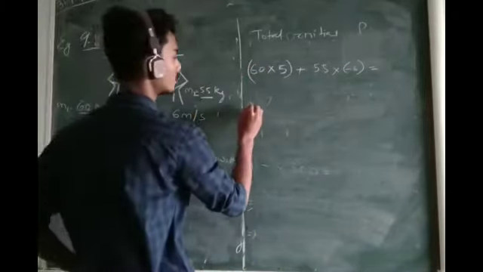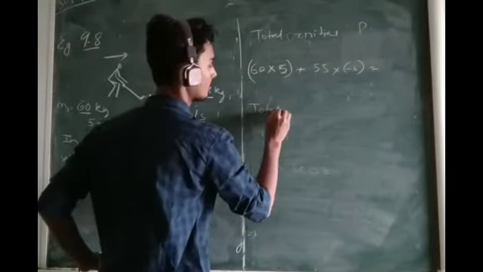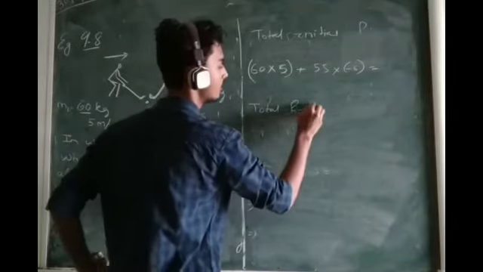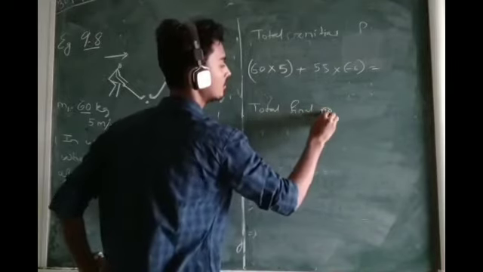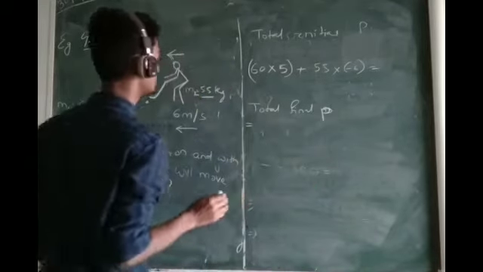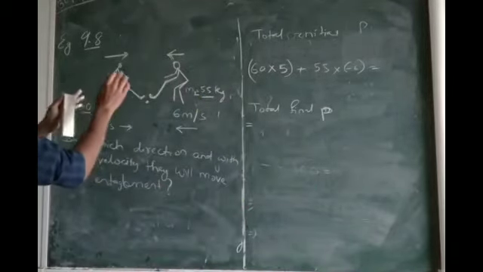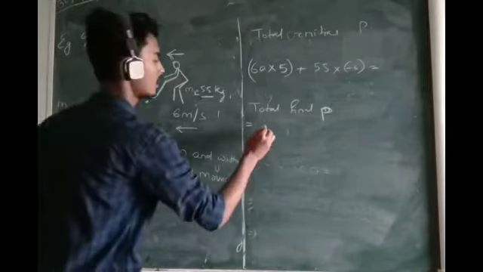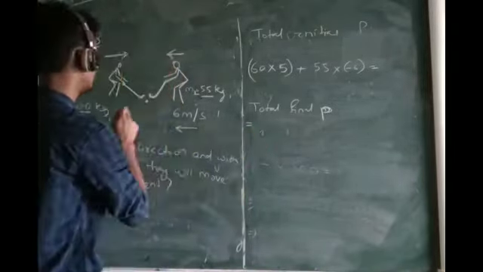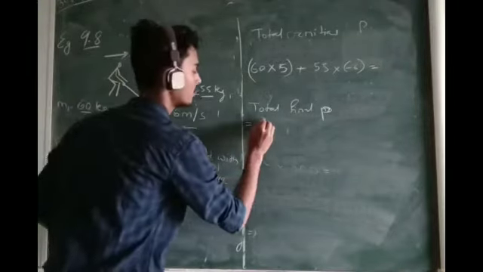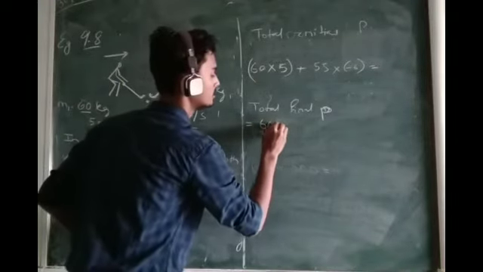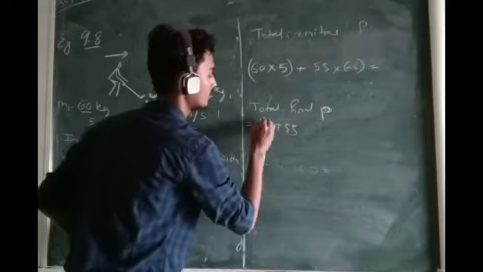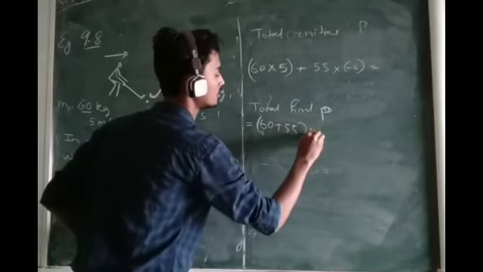Now what will be the total final momentum? Both will get entangled, so our total mass will be m1 plus m2, that is 60 plus 55, and the velocity we have to find out.